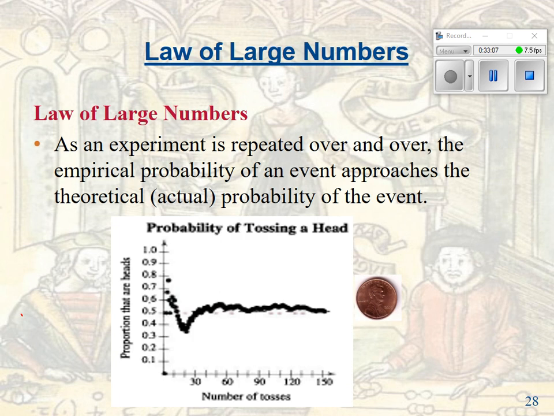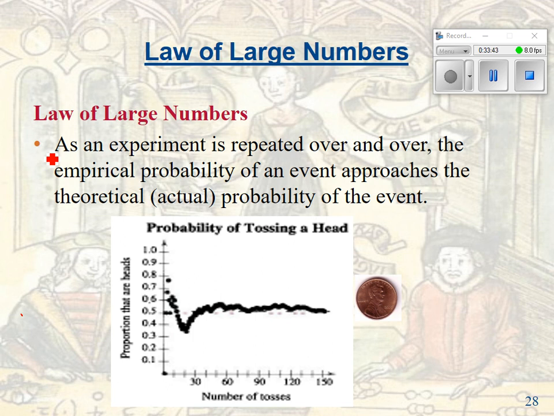Law of large numbers. The law of large numbers just says, and this is what I was talking about with flipping the coin, if we're flipping the coin over and over and over again, and we just keep doing it forever and ever, even though we know we're probably never going to flip a head, then a tail, a head, then a tail, if we just keep flipping it over and over again, at some point, way down the road, are we going to get close to it being exactly 50-50?